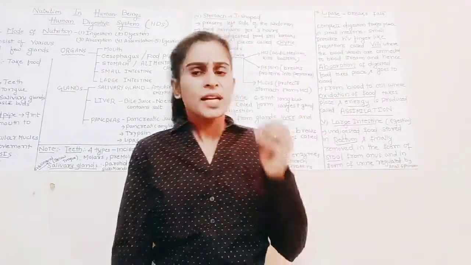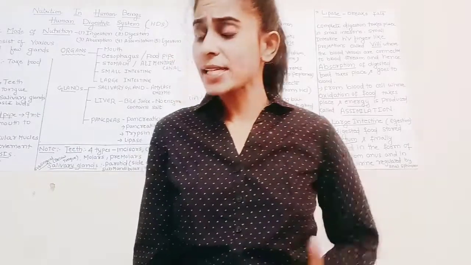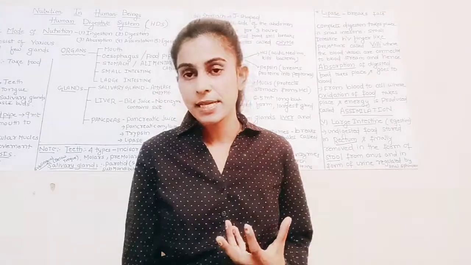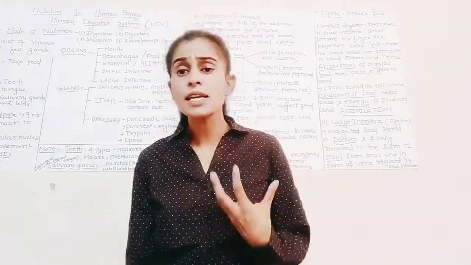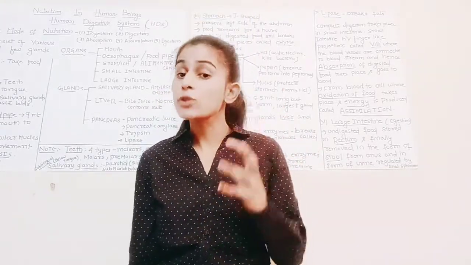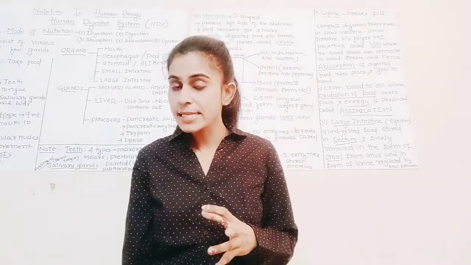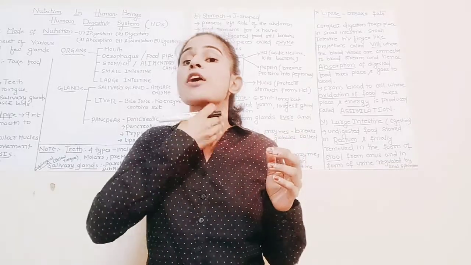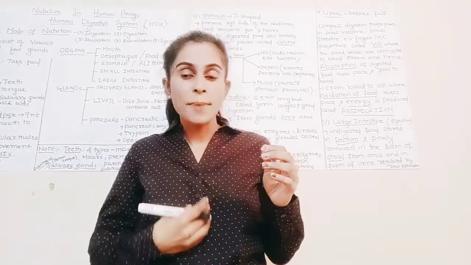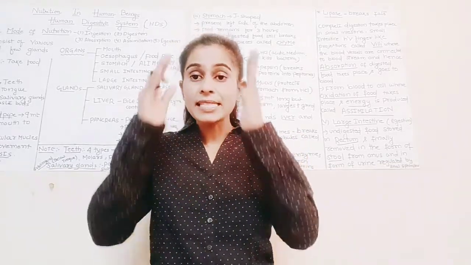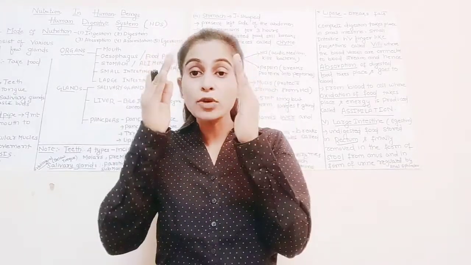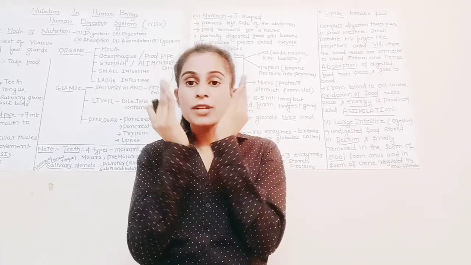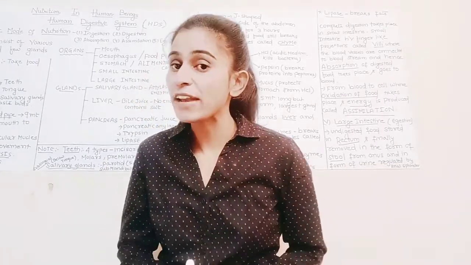This esophagus is made up of muscles, particularly circular muscles. What is the use of these circular muscles? They help in the movement of the bolus, or the food, in the food pipe. These circular muscles contract and relax, making a wave-like movement.